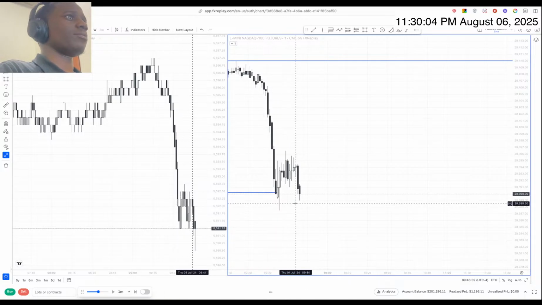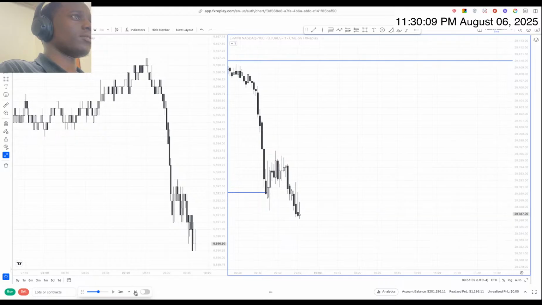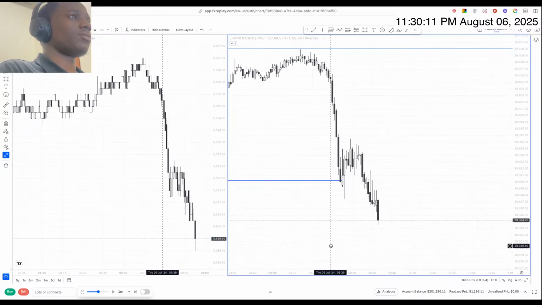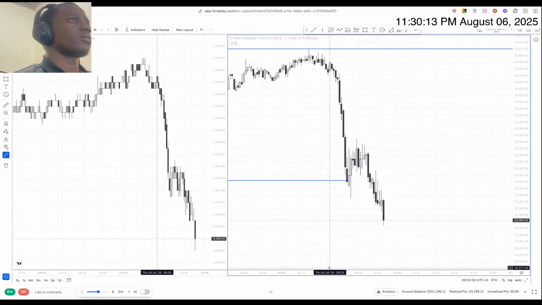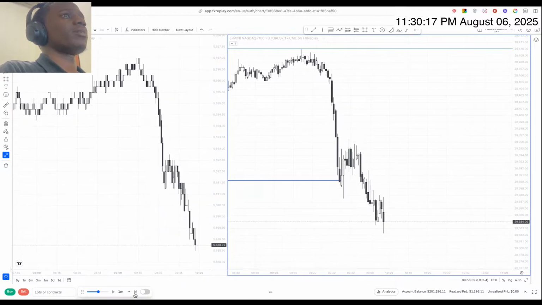So here we have the sweep on ES, and NQ continues to drop, so looks like here we shouldn't be looking for buys.